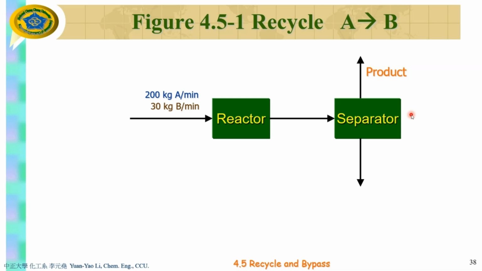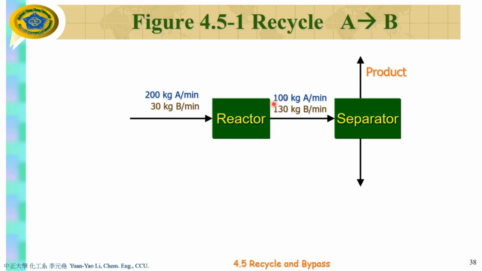We have 200 kilograms A per minute and 30 kilograms B per minute, and this mixture is fed into the reactor. Then 100 kilograms A per minute and 130 kilograms B per minute come out from this reactor. As you can see, A reduced, B increased. That's the reaction, right?